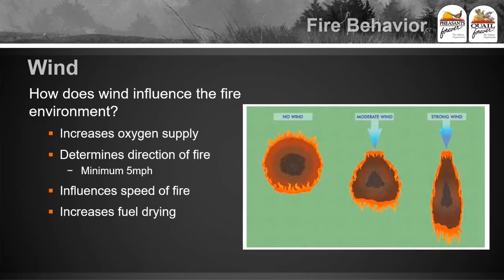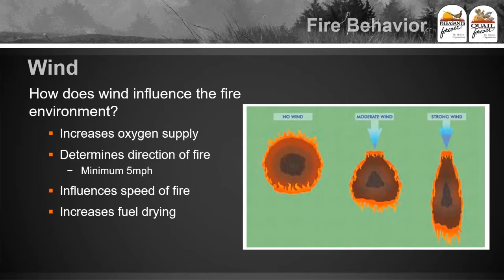The fire creates its own little micro environment. At one time, the fire can be racing right at you, and it'll stop dead in your tracks and then take off the other direction. It'll continually do this randomly, and that's not good. We want to know where our fire is going to go, and having that minimum of 5 miles an hour gives us a good indication of where that fire is going to go.